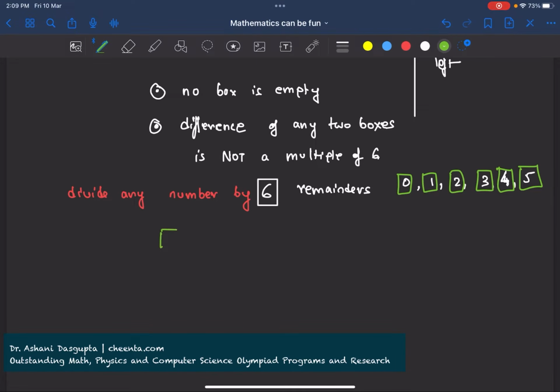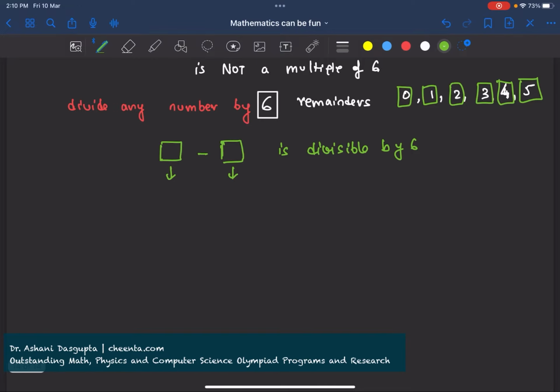If the difference of two numbers is divisible by 6, then the numbers themselves would produce the same remainder when divided by 6. The numbers might be different, but they produce the same remainder when divided by 6.